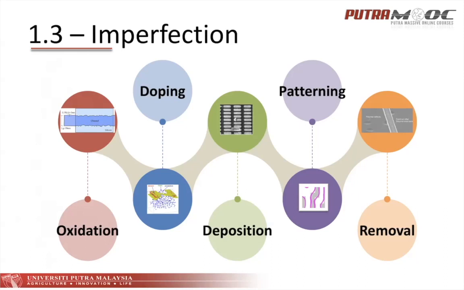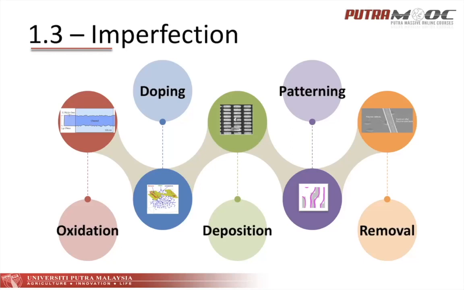If you bake the wafer in the oven to form the silicon dioxide, where a heating process is involved, the time being exposed in the oven will determine how thick your silicon dioxide will be formed on the chip, all right?